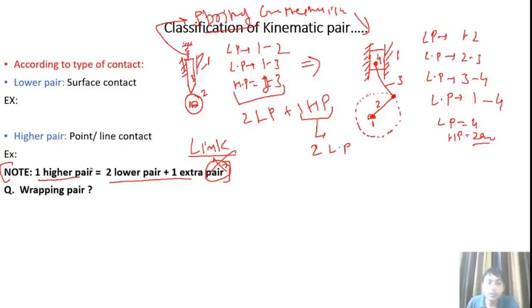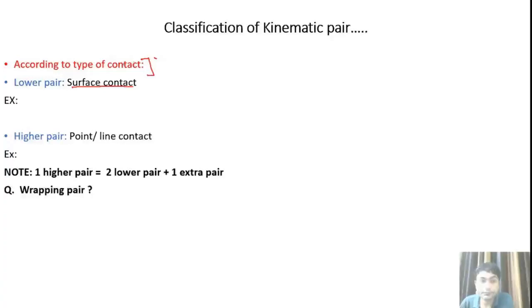Now this is a question for you. What about a wrapping pair? If the contact is a surface contact, then it is known as a lower pair. For example, belt and pulley, turning pair. Also, is a turning pair a higher pair or a lower pair? Another is the screw pair. Another is the sliding pair, rope and pulley.